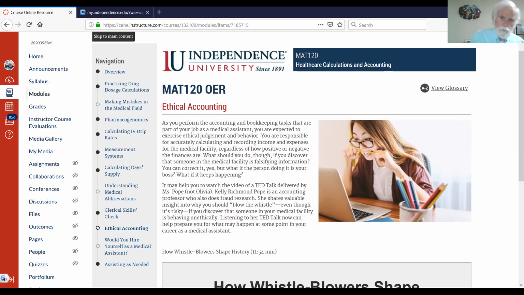So keep in mind that there are lots of reasons people blow the whistle. It can be out of self-interest. If you know that you're being set up, then your best bet is to take the bull by the horns and take care of it. But in these cases that we saw from Kelly Richmond Pope, these are people that could very easily have just said, "Oh, I'm not gonna do anything about this.